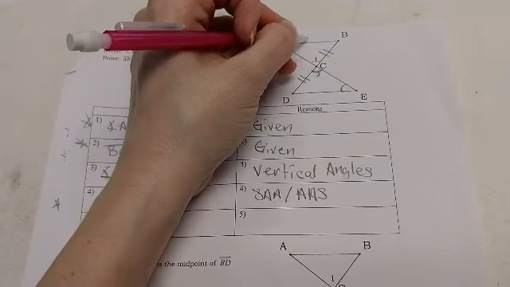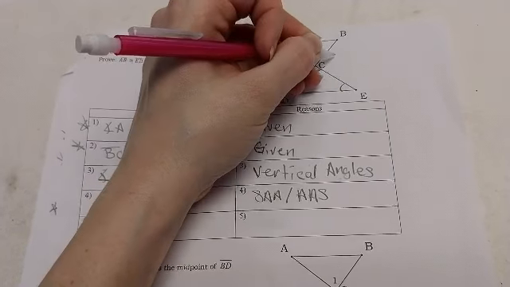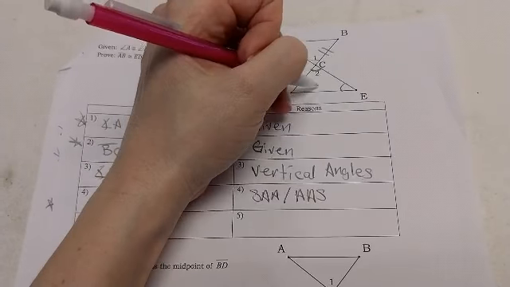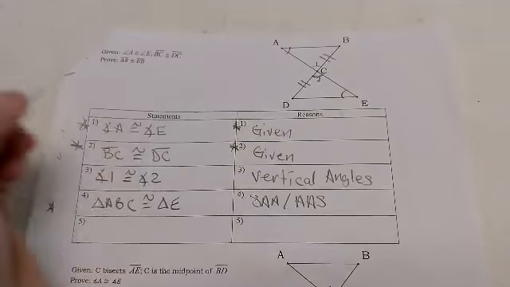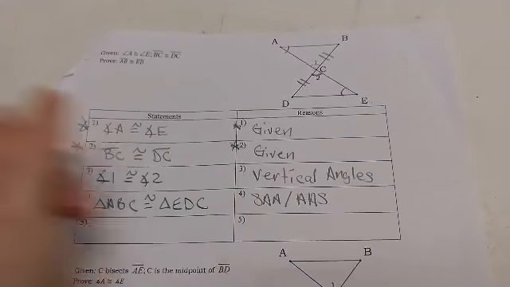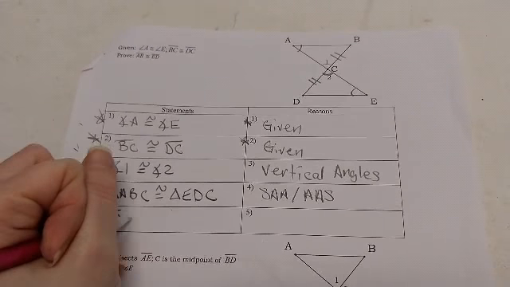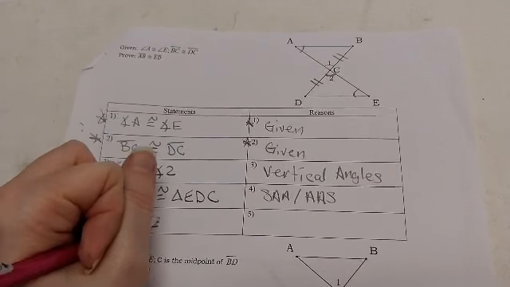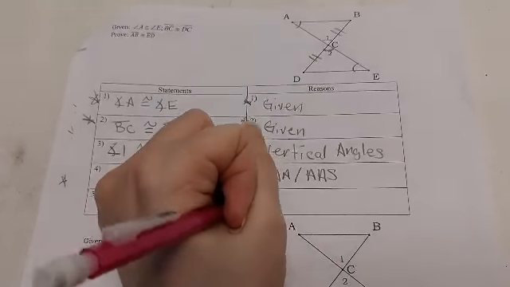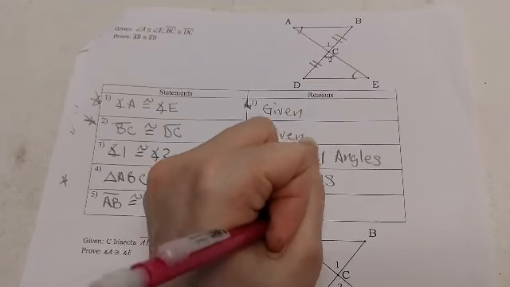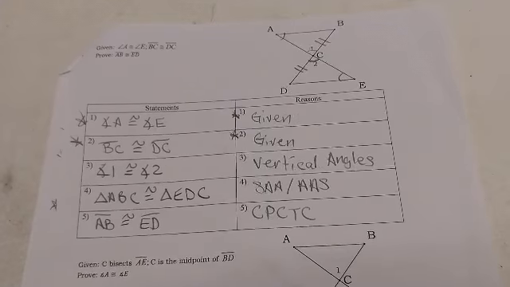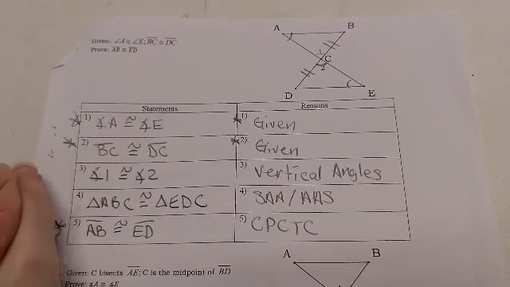B is between 0 and 2, so between 0 and 2 would be D. And then process of elimination leaves us with C. So now I have that AB is congruent to ED by CPCTC. Corresponding parts of congruent triangles are congruent.